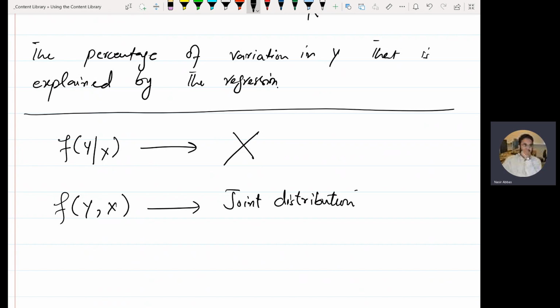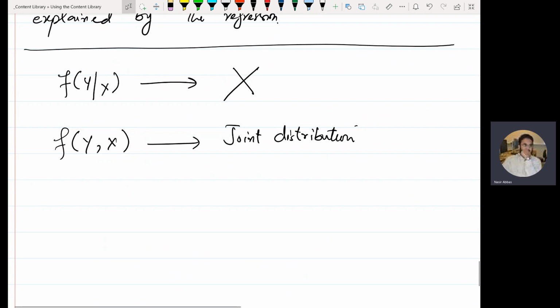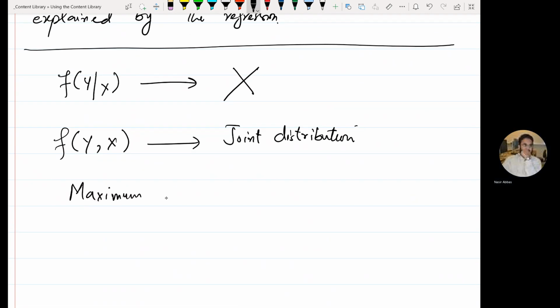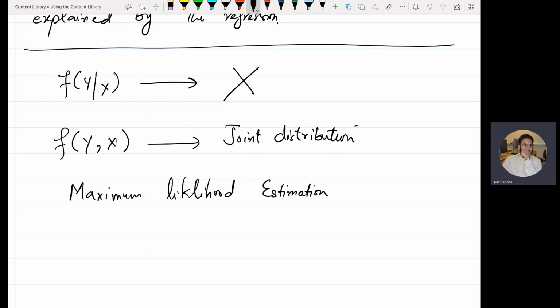In that case, there is another method that works for the joint distribution, and that method is called maximum likelihood estimation. There is ordinary least square estimation and there is maximum likelihood estimation.